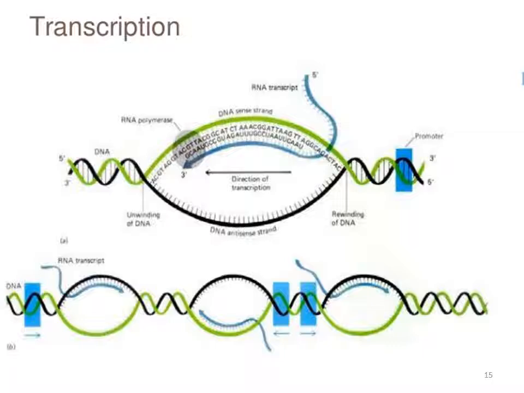So we can see here that there are different sites on a single DNA molecule where the process of transcription can start in different directions. Suppose here the direction is like this, at this site the direction is like this, and at this site it is like this. Here is the other strand, this one is the other strand.